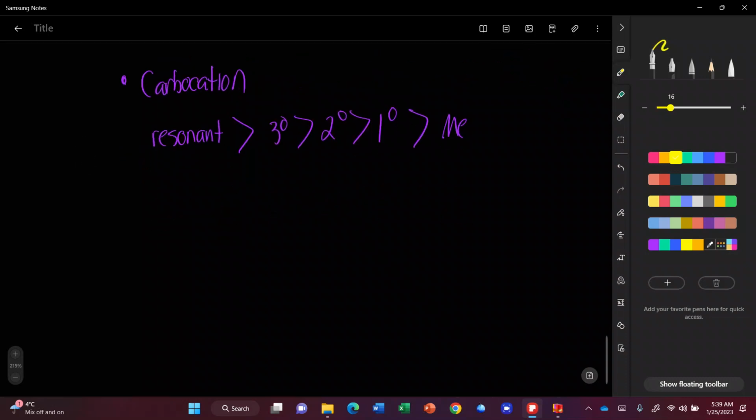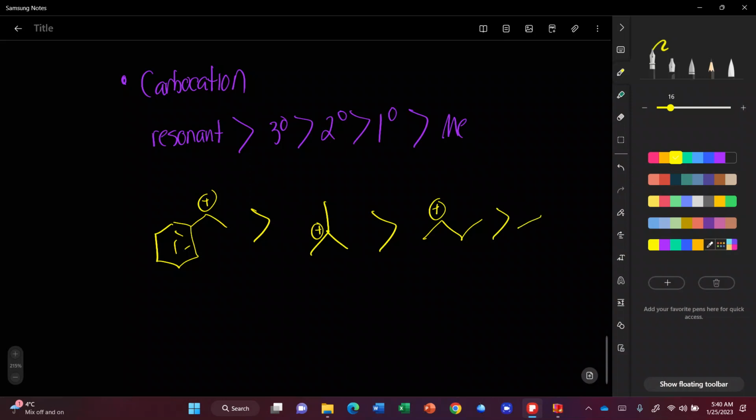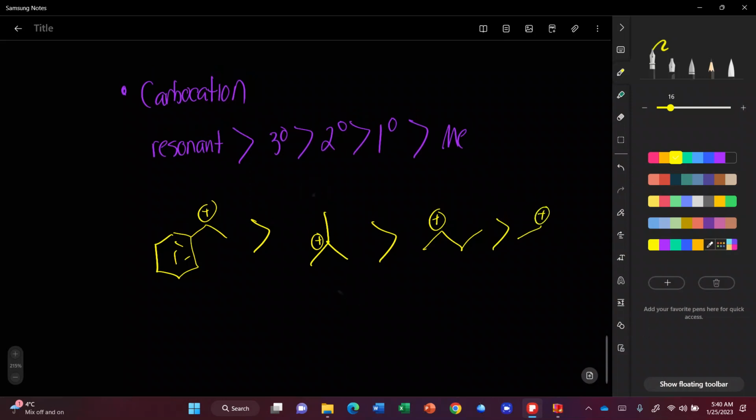What I mean by that is that if you have that thing, it's going to be slightly more stable than that thing, which is slightly more stable than this thing, which is slightly more stable than literally CH3+.